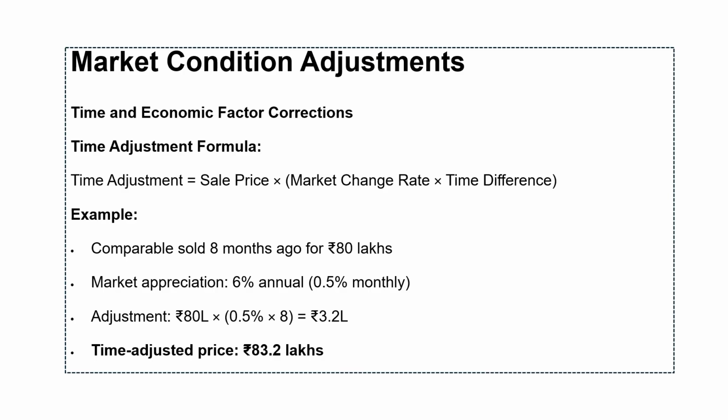So we have 80 lakh into 0.5% into 8, and we are making the time adjusted price, right? So this is the process we will be following for market condition adjustments.